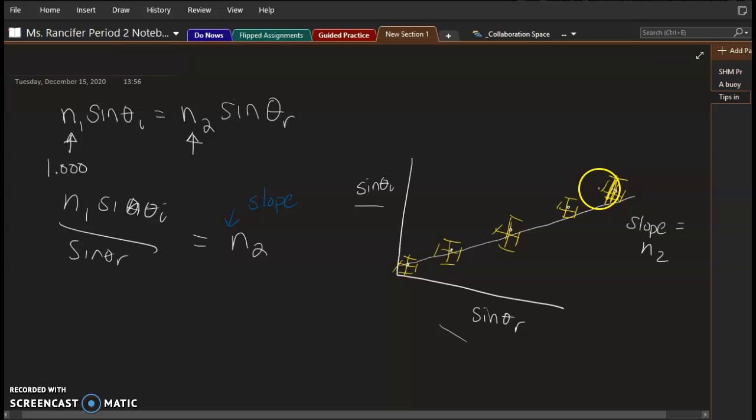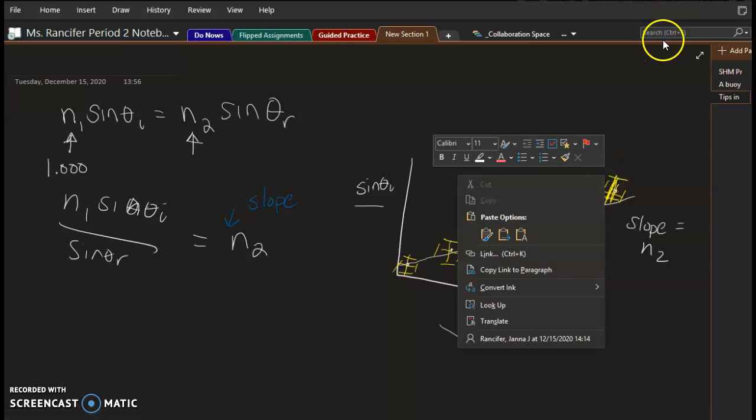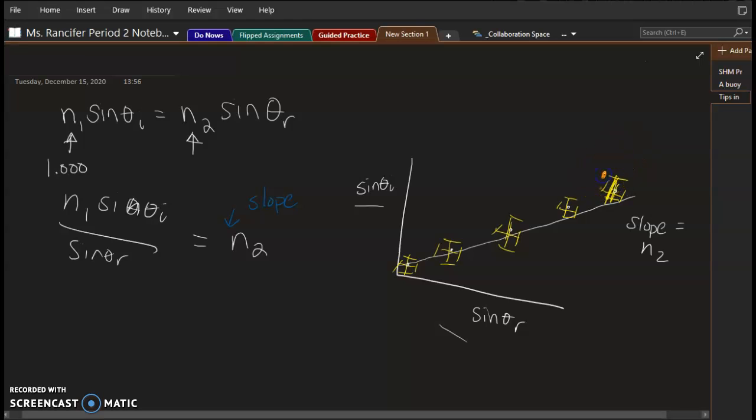So I will subtract the uncertainty from the largest x value, but I will add the uncertainty to the largest y value. So for the highest data point, this will be x minus the uncertainty, and it will be y plus the uncertainty. This is for the max slope possible line.